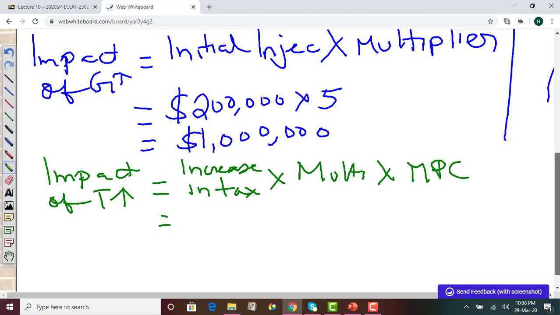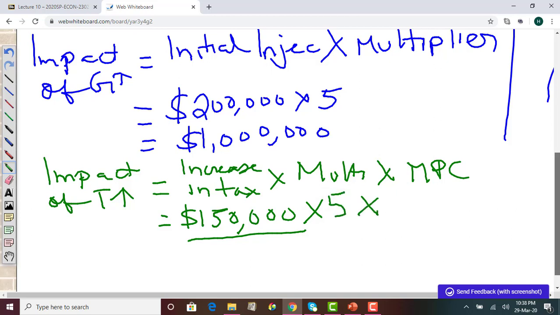So the increase in taxes is 150,000, right? The government is financing 200,000 through taxes and loans, but they're only increasing taxes by 150,000. This information was given to you in the beginning, right? So that's this, and then we know the multiplier is 5, we calculated that, and we are also given in the beginning that MPC is 0.8.